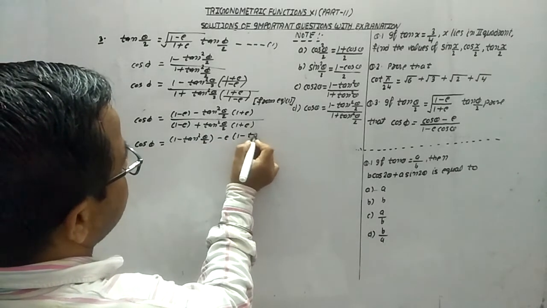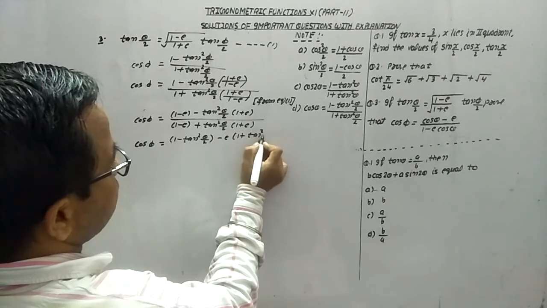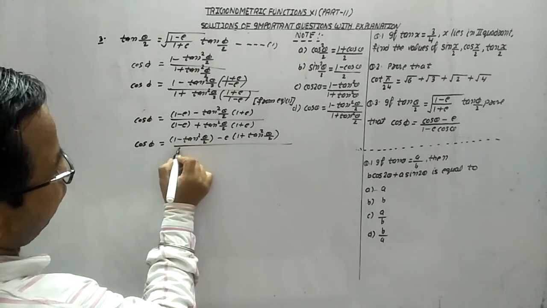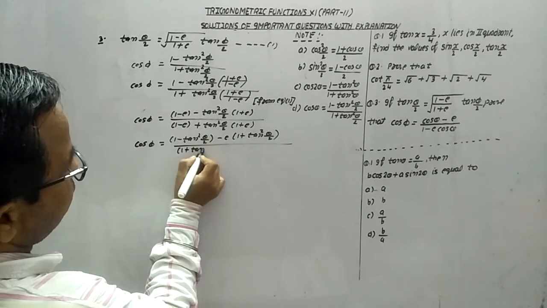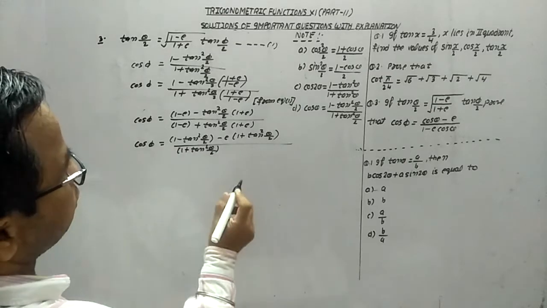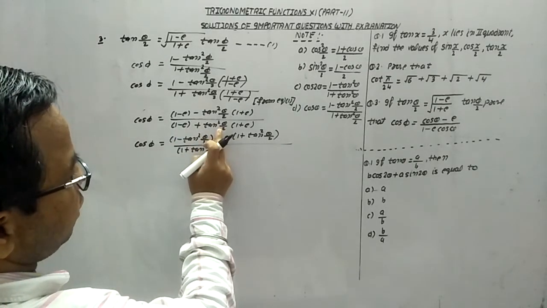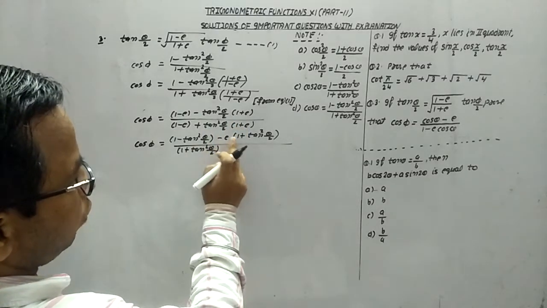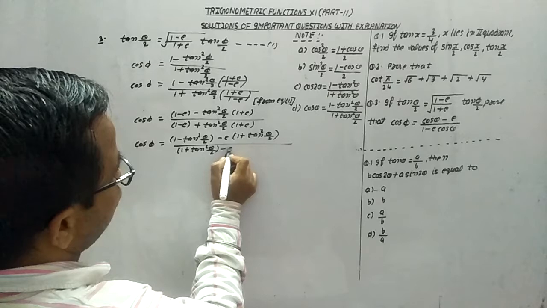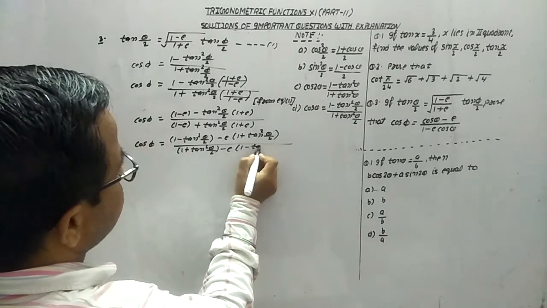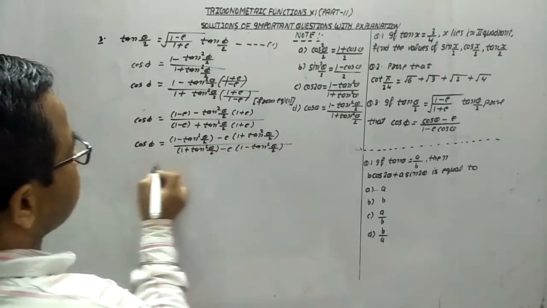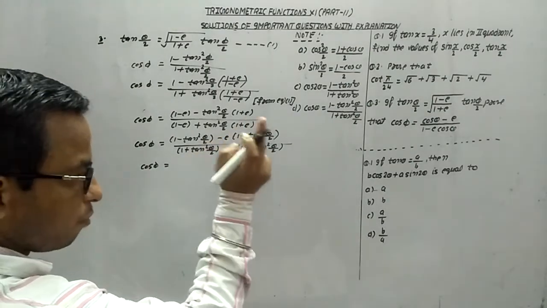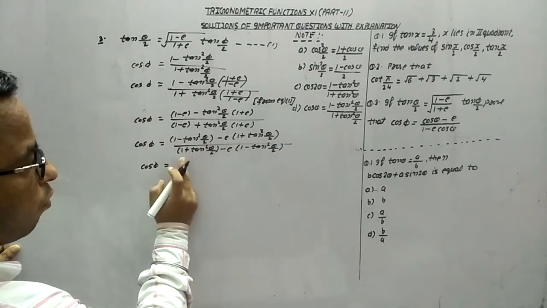It means 1 minus tan square, 1 plus tan square theta by 2, and this is minus e and plus e tan square theta by 2. So for this part we take minus e common, and this becomes 1 minus tan square theta by 2. Now overall we take the common 1 plus tan square theta by 2 from numerator and from denominator.